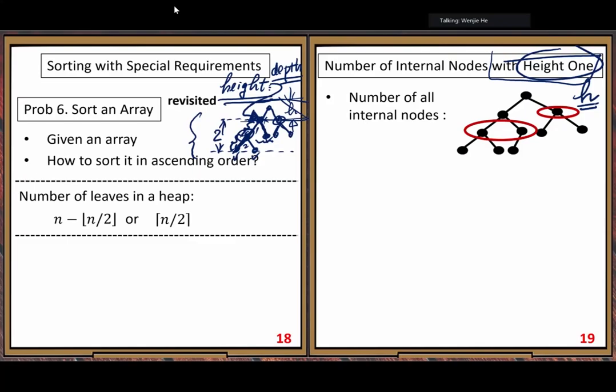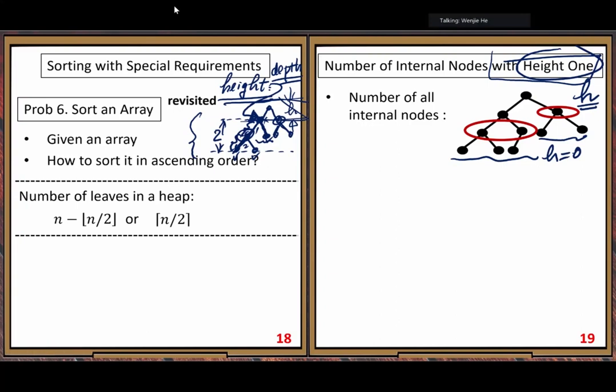Let's look at the number of all internal nodes with height greater than 0. For all the leaf nodes, the height equals 0.